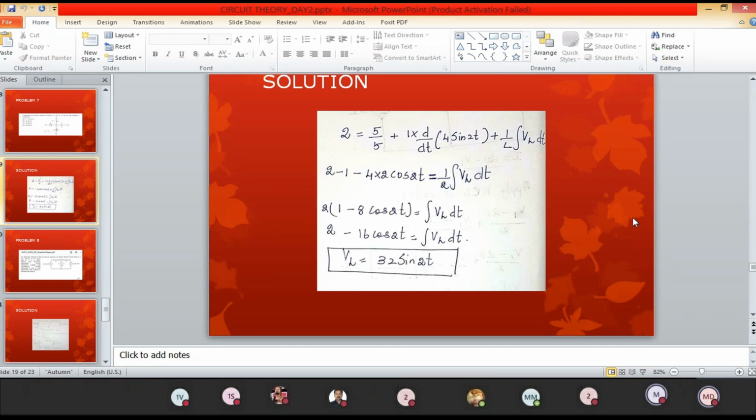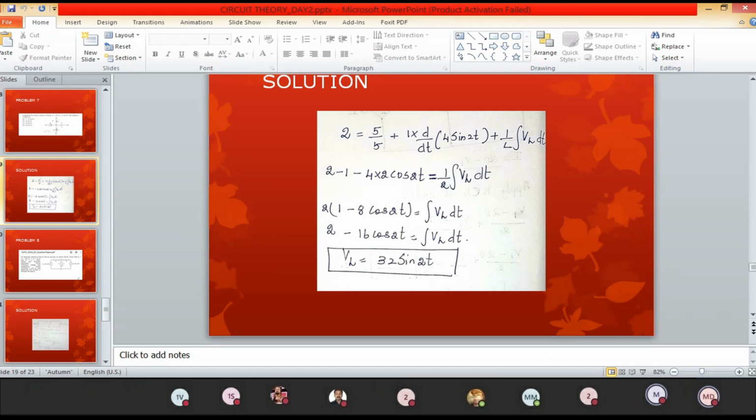Current through the capacitor is C dV_C by dt. If I want to remove the integral, I have to differentiate the other side. Differentiating an integral removes the integral; that's why the derivative of the integral of V_L dt is V_L only.